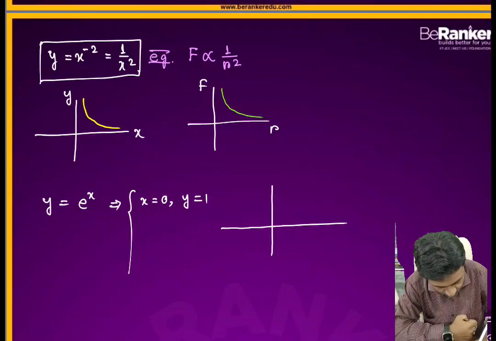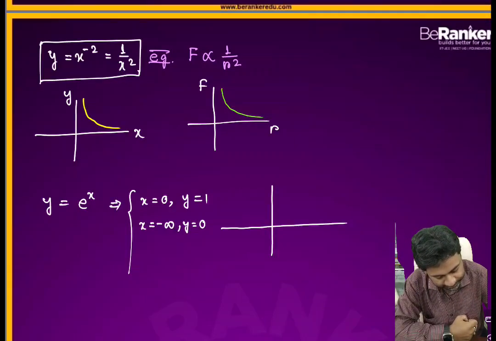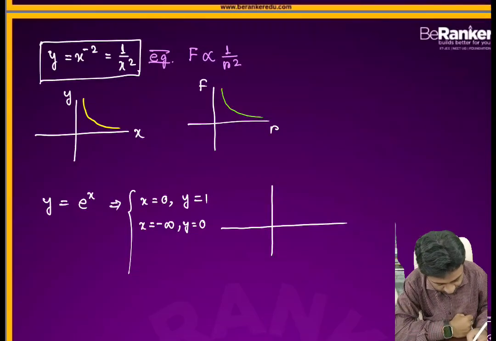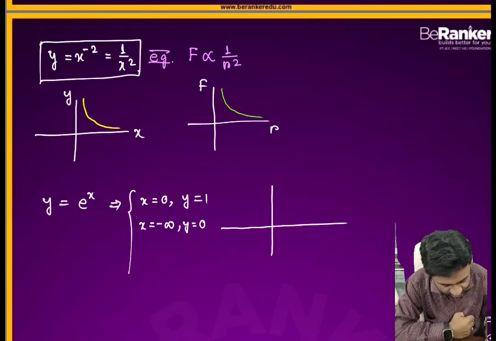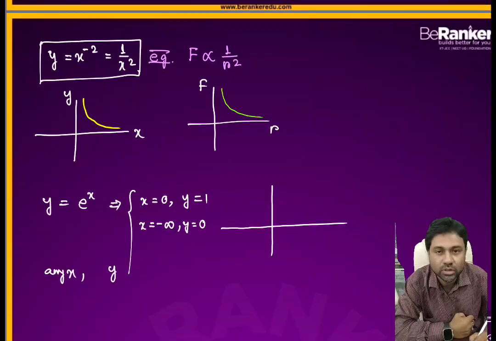And if you study other values for x and y, when x is say minus infinity, the y will be... So this graph extends towards this, and for any power of x, this graph cannot have any negative value.